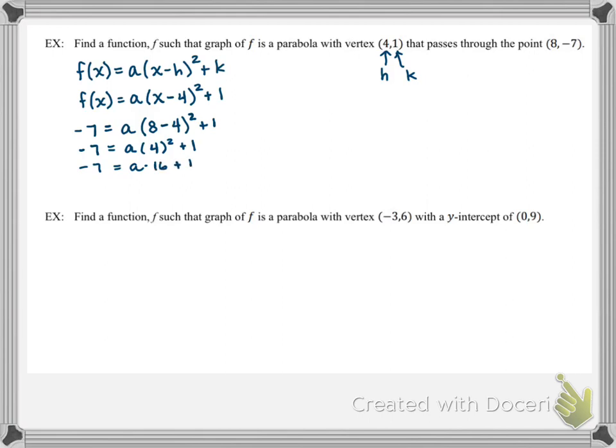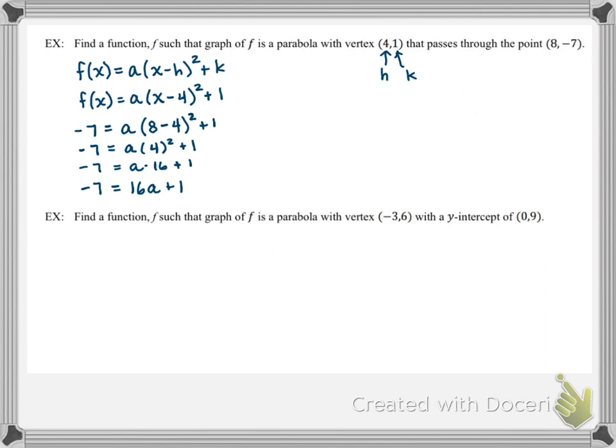Be careful at this point because it's really tempting to add 16 and 1 because of where the 16 is. But notice that's 16 times a, right? So that multiplication has to happen first. So this is really 16a plus 1. We can't write it as 17a because the 1 doesn't have an a, right?